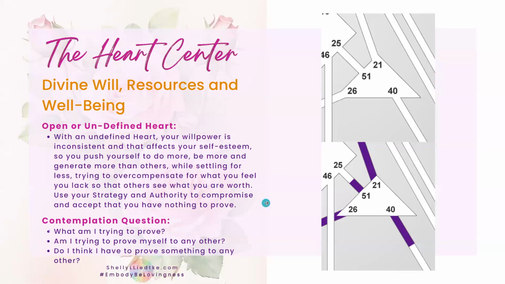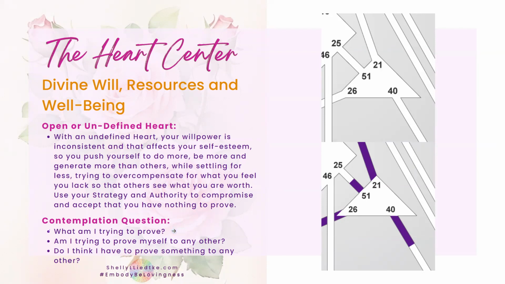So that energy could become overcompensated, or you feel like you're lacking something that you need, and that's not necessarily so. The way that you will know what you want is your type, strategy, and authority. And questions for the open or undefined heart center are, what am I trying to prove?